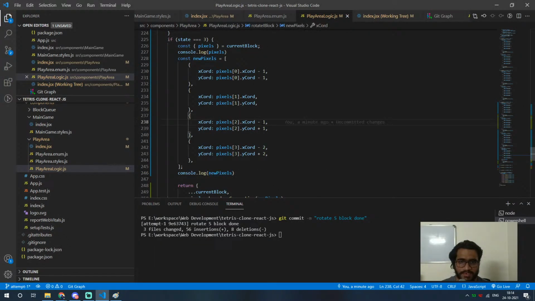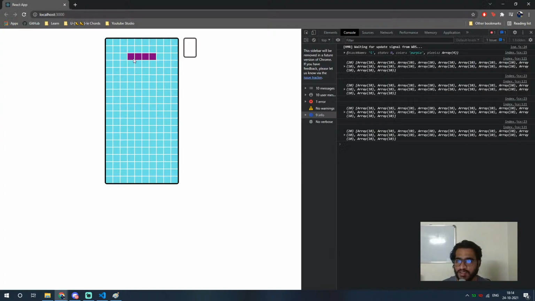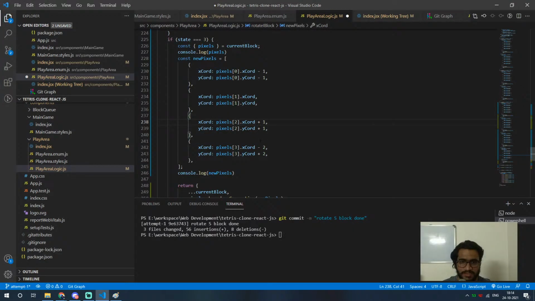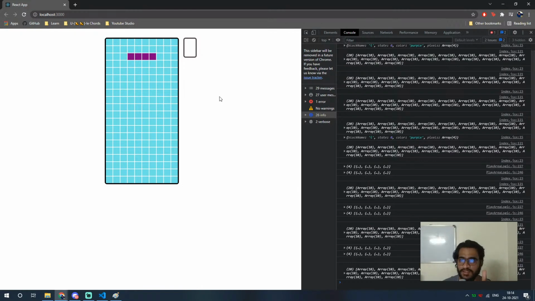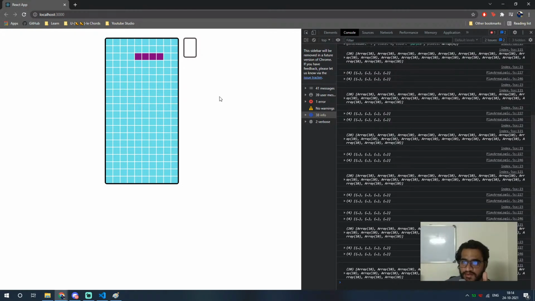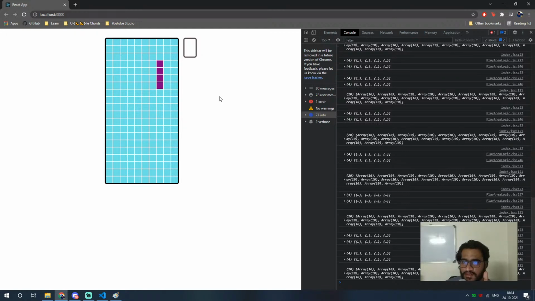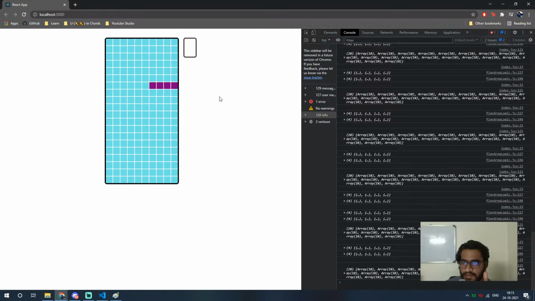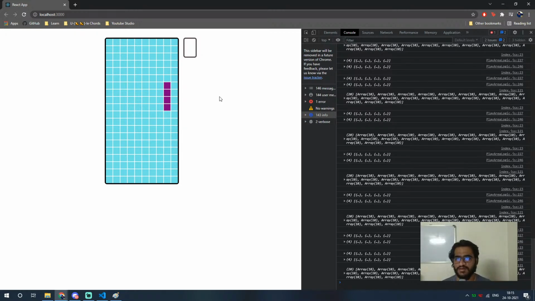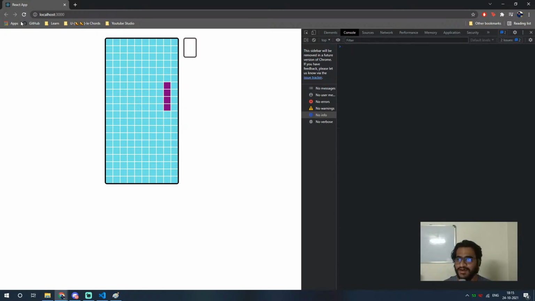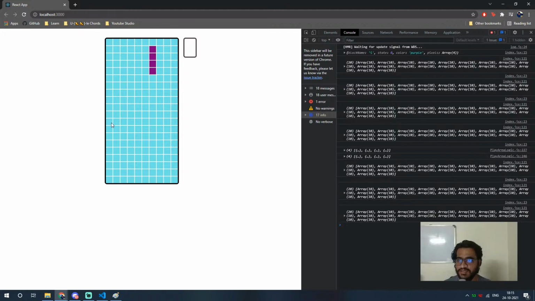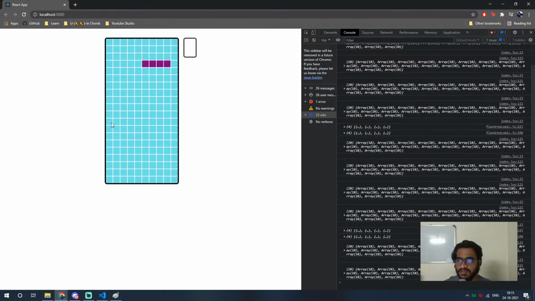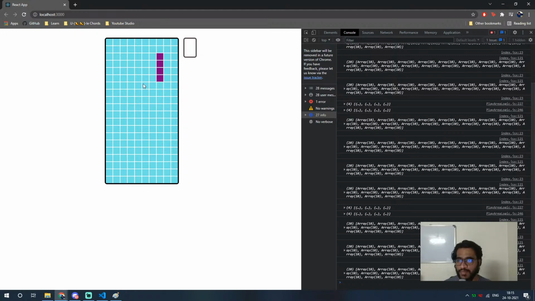What am I doing? +1, and then this is going to be plus. Right. I think we are okay. There's something wrong with this motion, right? It is going below.